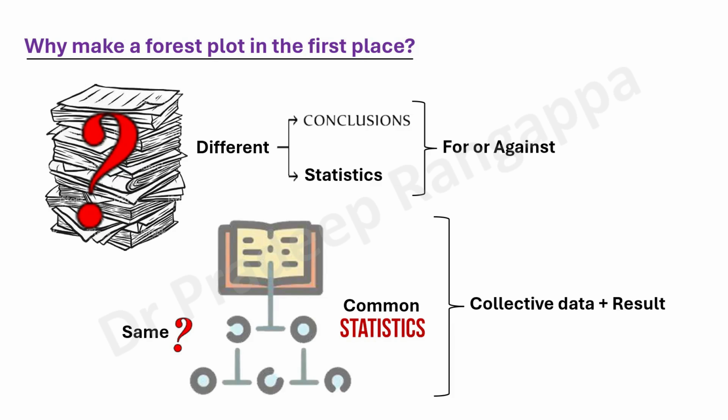That is the gist of the whole meta-analysis. For the same question, you take all the studies where different statistical methodologies are used and you put some common statistics to make sense of the collective data and get a common result and a common answer at the end of it. That is why meta-analysis has more strength, and that is the reason why we resort to doing meta-analysis.